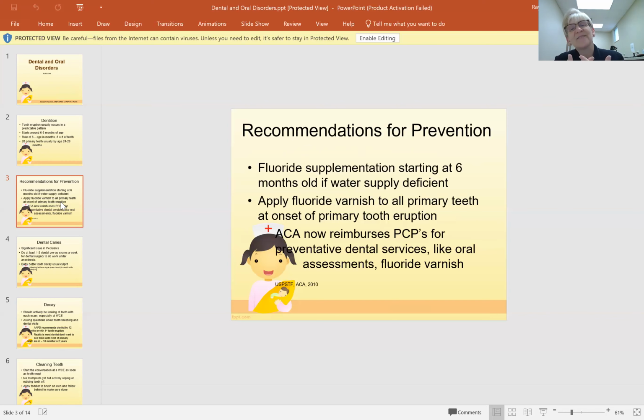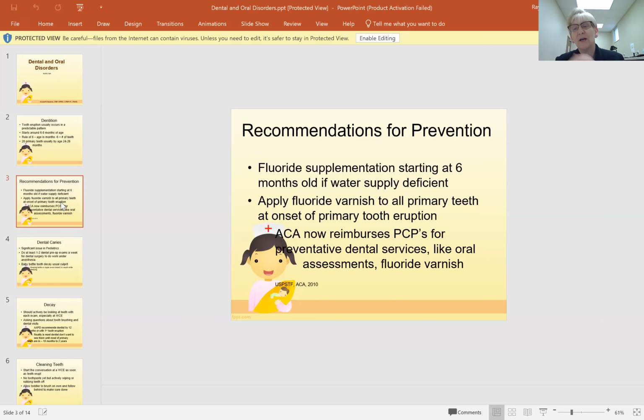One of the things that I have to do now when I am charting, we talked about this at the very first of the semester about requirements with Medicare, Medicaid, is that I have to document that they drink city water that's fluoridated and that they use a fluoridated toothpaste, and whether or not they have seen the dentist yet. So that starts at about 15 months of age, where I have to put that in either my HPI or somewhere in the note. Okay.